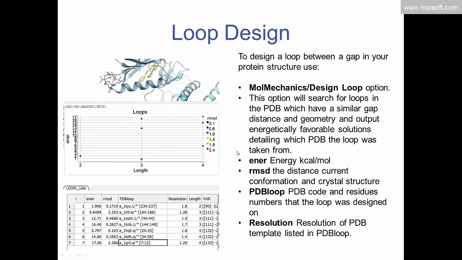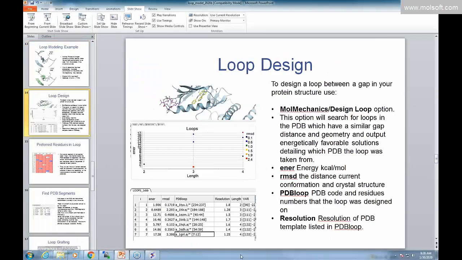It will report the energy of that loop, the RMSD between the loop it's placed in there and the loop it took from the crystal structure. And it will tell you the residue numbers from that PDB structure where it took that loop from, and the resolution of the structure. Okay, so let's show that practically in ICM.